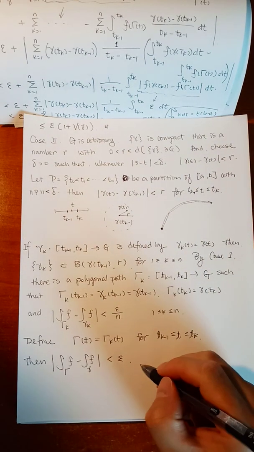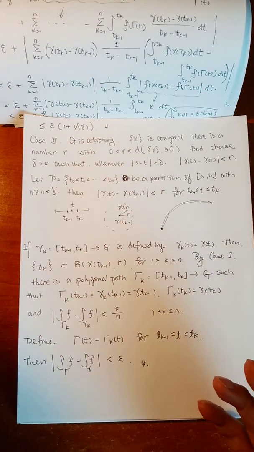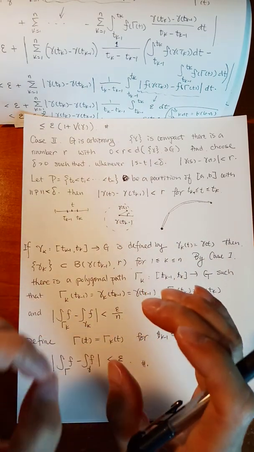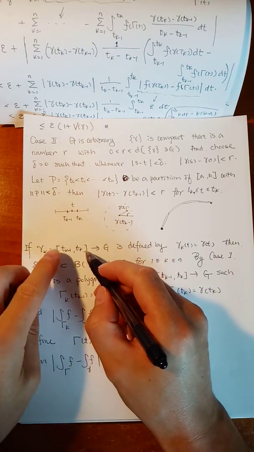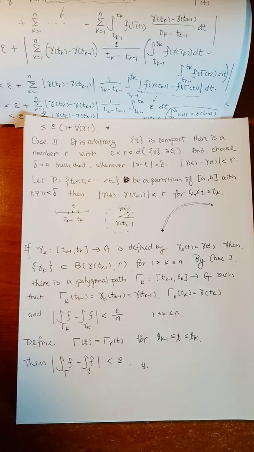So we finish the proof of the general case when we have a general open set G. When we have a general open set G, we just cut the domain of gamma into small pieces so that each piece is mapped into an open disk.